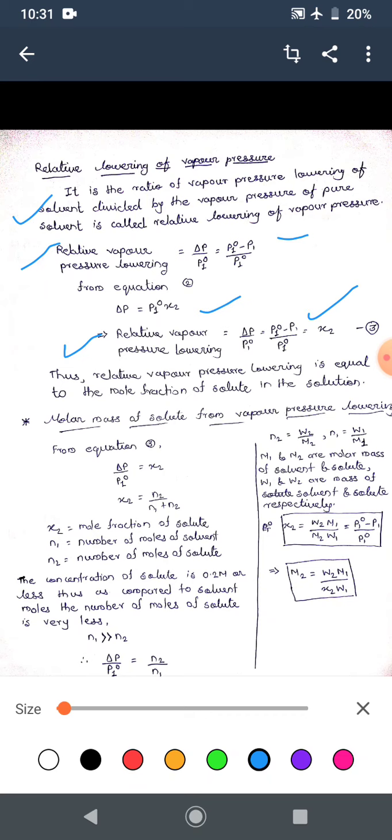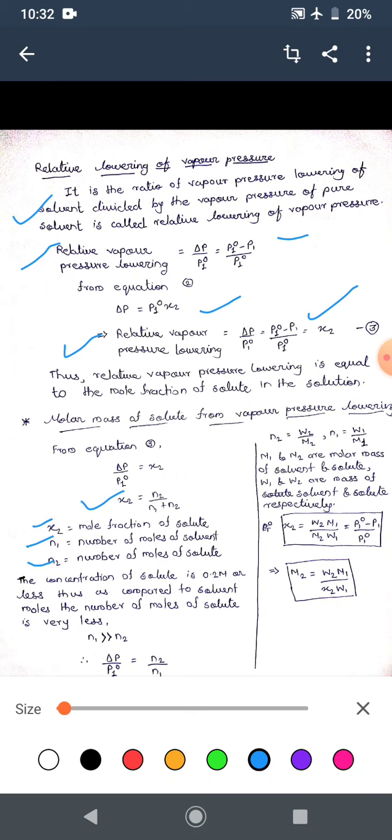The formula for the mole fraction of solute, x2, is equal to number of moles of the solute, N2, divided by N1 plus N2, where N1 is the number of moles of the solvent, N2 is the number of moles of the solute, and x2 is the mole fraction of the solute.